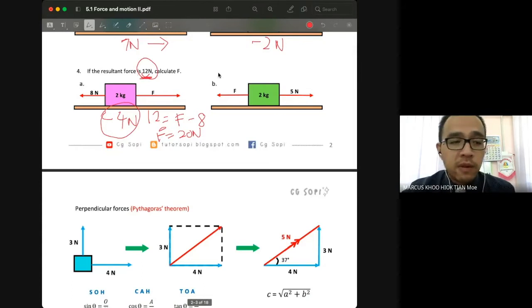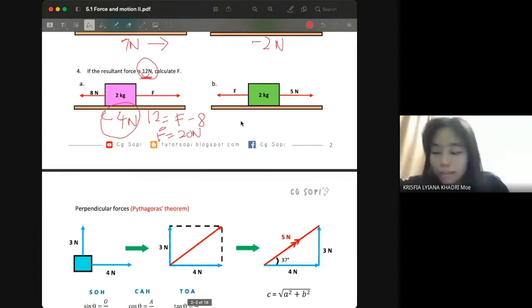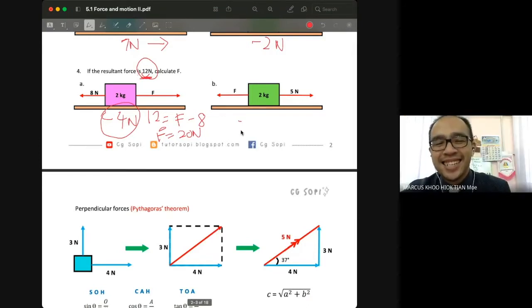Okay, never mind, Christopher. Apa ni? Negative 7N. 7 Newton. Okay. So there are two ways of looking at this. Jawapan si Christopher is negative 7 newtons lah.